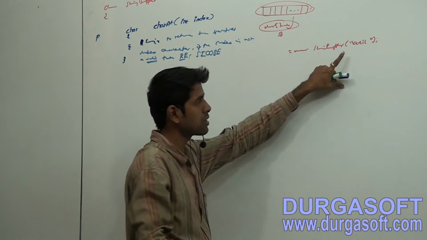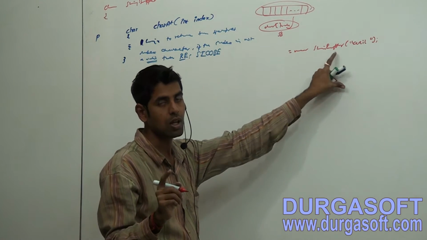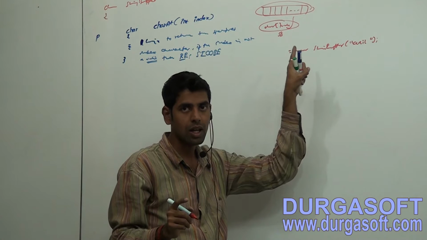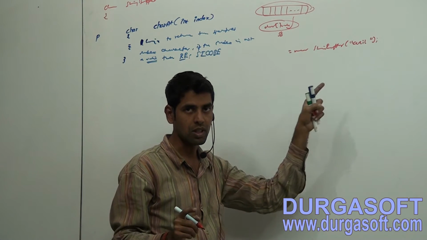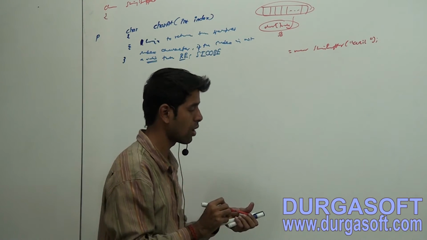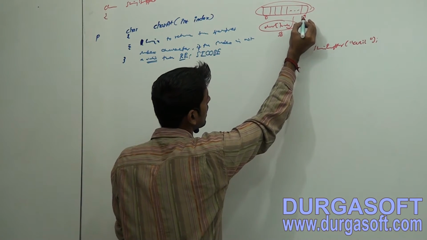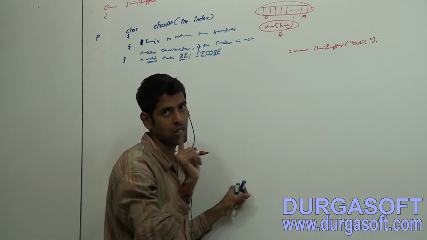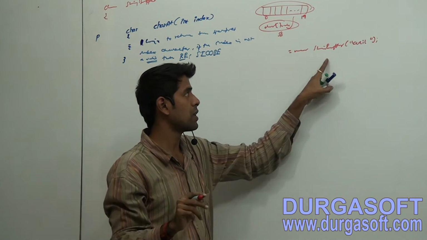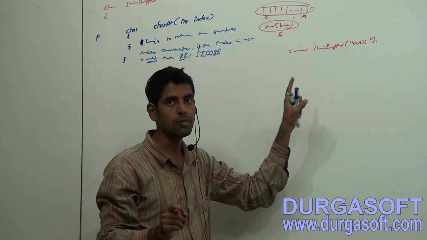Now what is the capacity? Capacity means the number of blocks available within the StringBuffer object. Here you will have 0 to 19, meaning 20 blocks. We understood this in our earlier session.